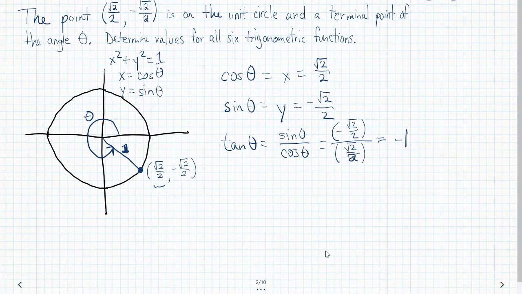So moving forward from there, you can go to secant theta if you'd like. I forget which order we did them on the other side. So this would be 1 over cosine theta. So notice that's 1 over, well, what's the cosine theta? That's square root of 2 over 2. So that equals 2 over the square root of 2.